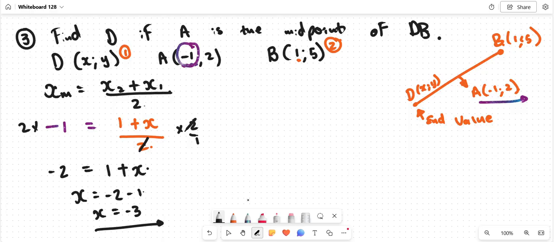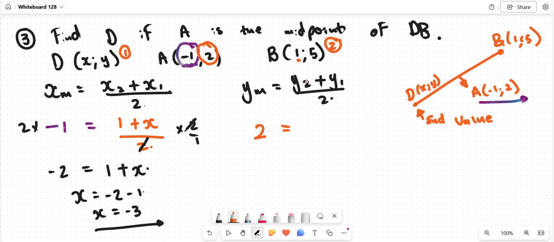Then another thing that we need to solve for is the y coordinate. So the y midpoint formula looks like that. And now since we've labeled, we just need to be sure that the y coordinate of A goes for the y coordinate of the midpoint, this ym part.